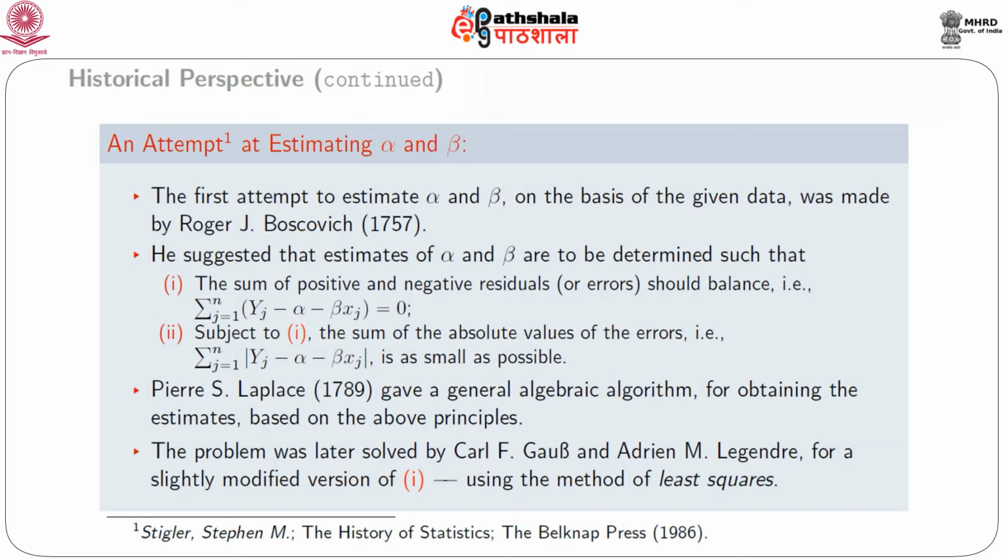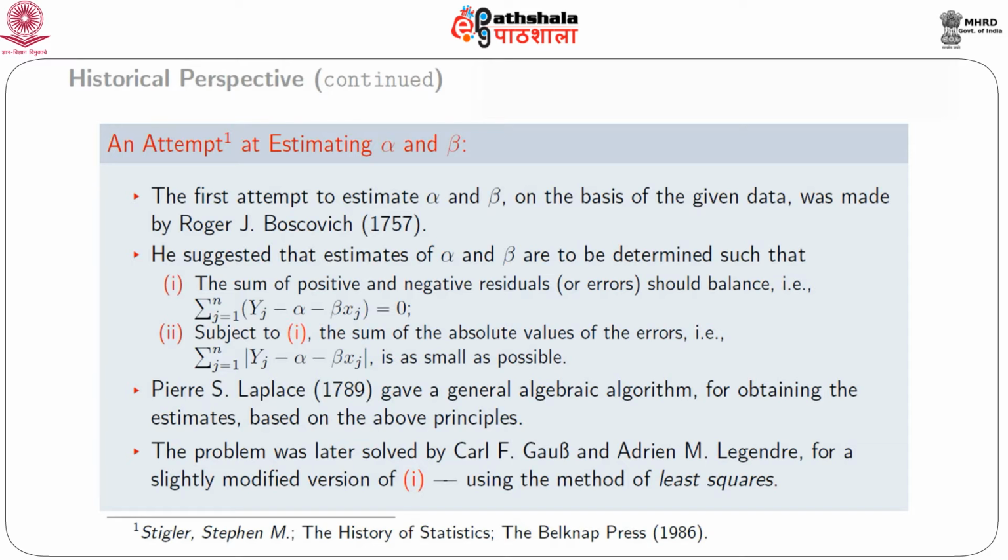That is, summation over j from 1 to n of y_j minus alpha minus beta x_j equals 0. Subject to this first constraint, the sum of the absolute values of the errors, that is, summation over j from 1 to n of modulus of y_j minus alpha minus beta x_j, is as small as possible.